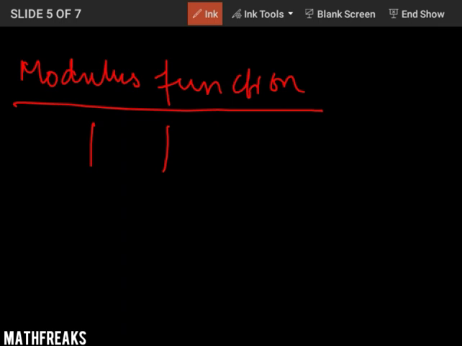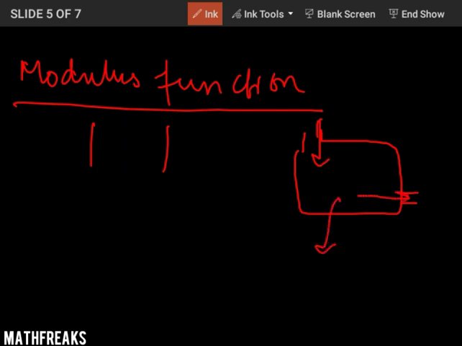Now how I want to explain the modulus function is that think of it as some kind of a machine. So here is the input, and here's the output. So this is the modulus machine, for now.